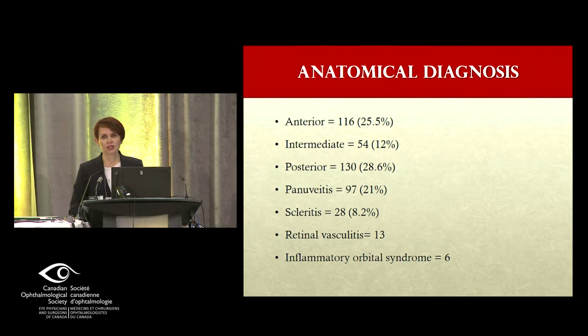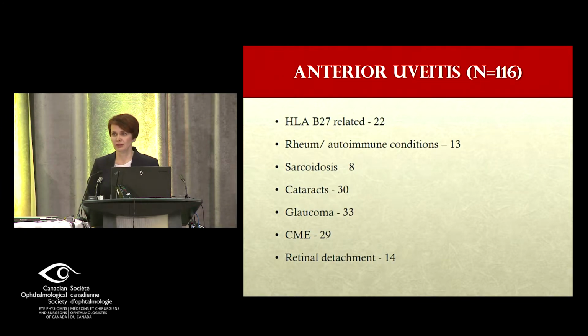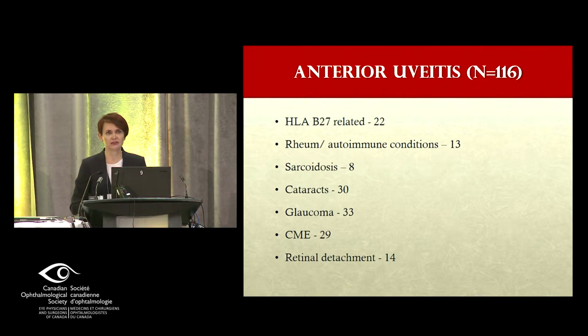We've had questions about why retinal specialists are looking after patients with anterior uveitis, and that's simply because those cases are usually very complicated. They are either associated with underlying autoimmune disorders or they have significant ocular complications.